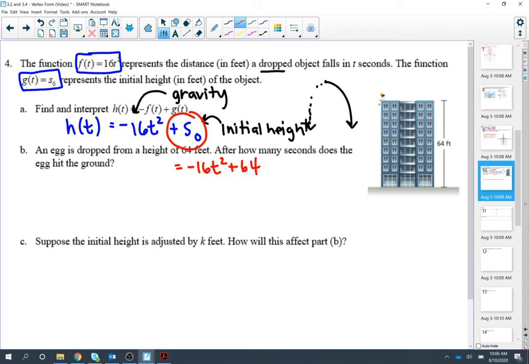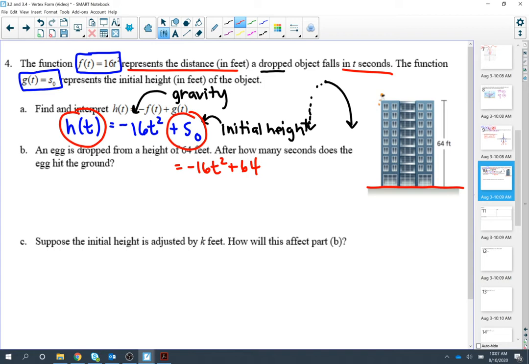Now the other thing I'm going to do is it says after how many seconds did the egg hit the ground? And right here, h of t represents the distance in t seconds. Well, if I want to know when this thing is going to hit the ground, how high is this thing in the air at the ground?